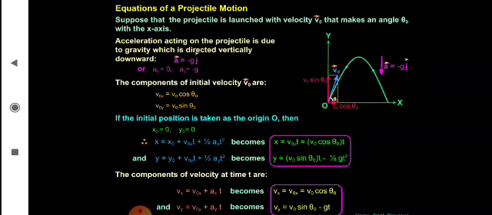Now we have to put the values x naught equal to 0, y naught equal to 0, ax equal to 0 and ay equal to minus g.